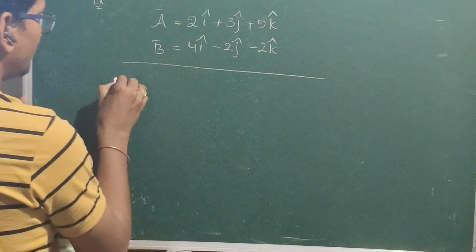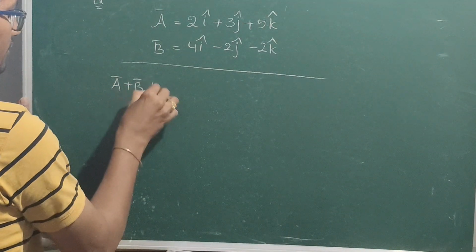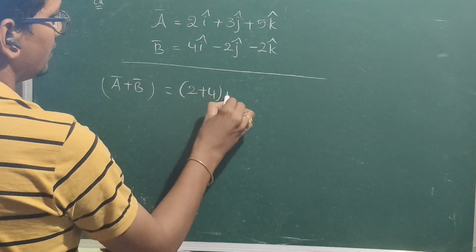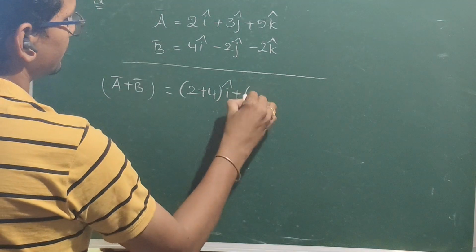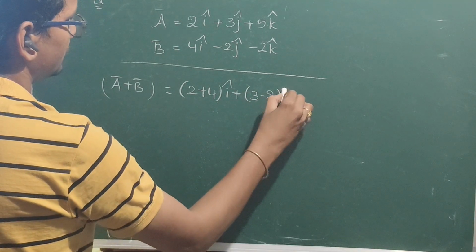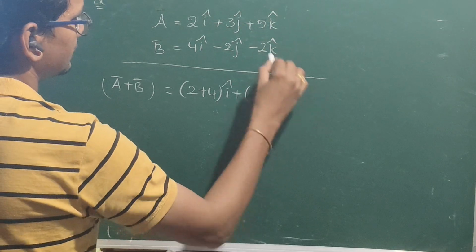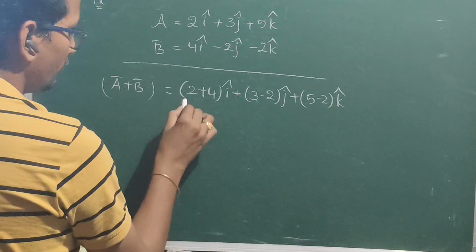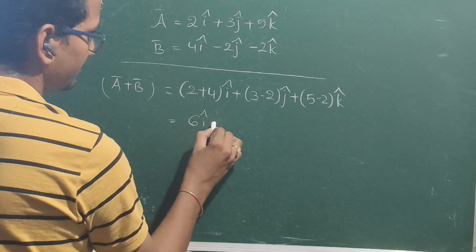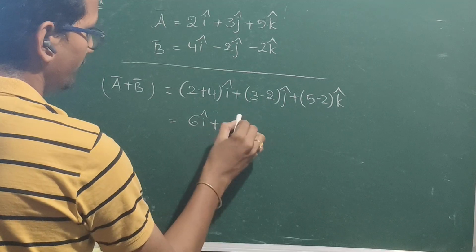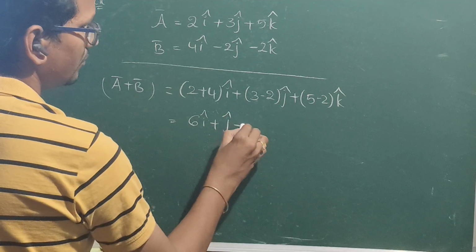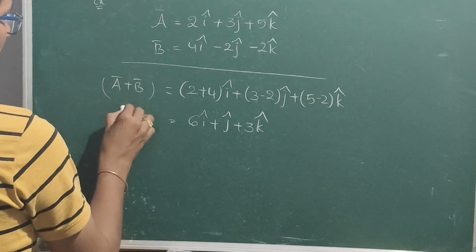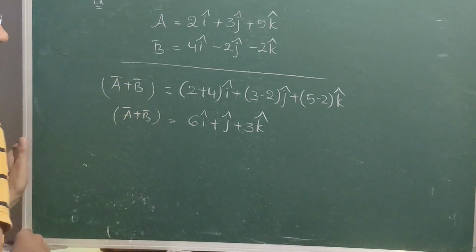How can we add this, a bar plus b bar? It is 2 plus 4 i cap, plus 3 minus 2 j cap, plus 5 minus 2 k cap. So 2 plus 4 is 6 i cap, 3 minus 2 is only 1 into j cap, plus 5 minus 2 is 3 k cap. This is called the a bar plus b bar value by adding.